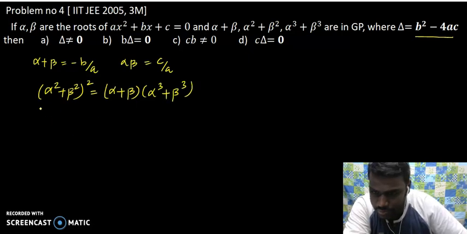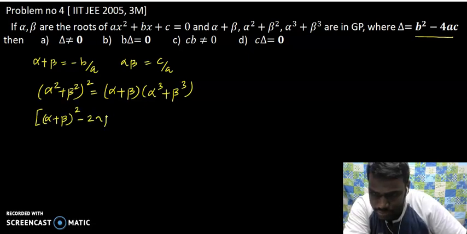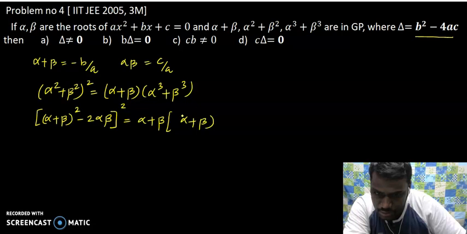So alpha squared plus beta squared can be written as alpha plus beta the whole squared minus 2 alpha beta, the whole squared is equal to alpha plus beta into alpha cube plus beta cube, which can be written as alpha plus beta the whole cube minus 3 alpha beta into alpha plus beta.